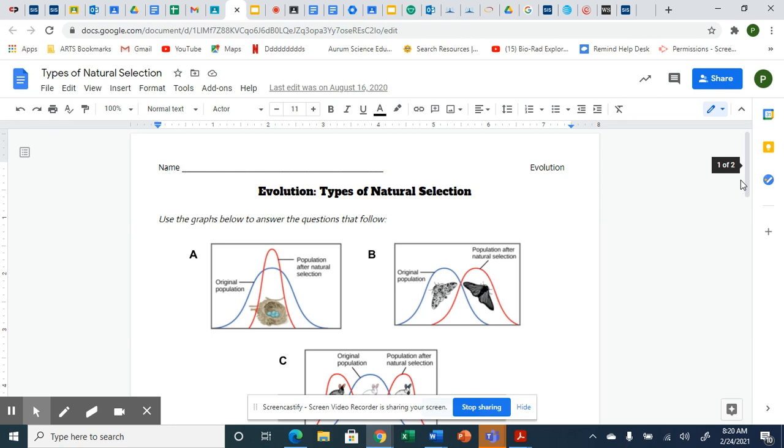Because the fish come along and eat them, and the foxes and the wolves and the coyotes. I'm trying to think, cats too. But the ones that can hide best survive. And so you see here, this is an example of the peppered moths.